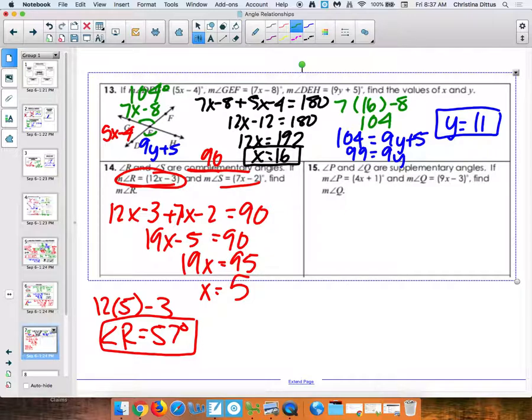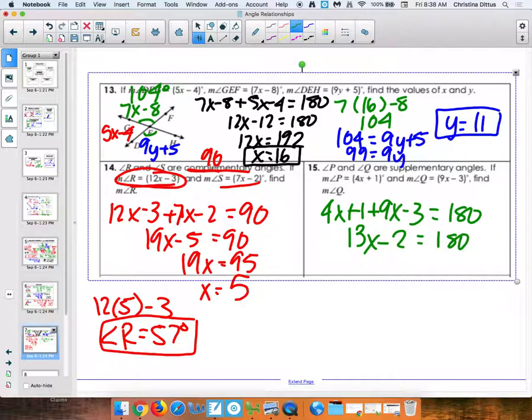P and Q are supplementary. What does supplementary mean? 180. So what should I do with 4x plus 1, 9x minus 3? Make them equal to 180. So 4x plus 1 plus 9x minus 3 equals 180. 13x minus 2.